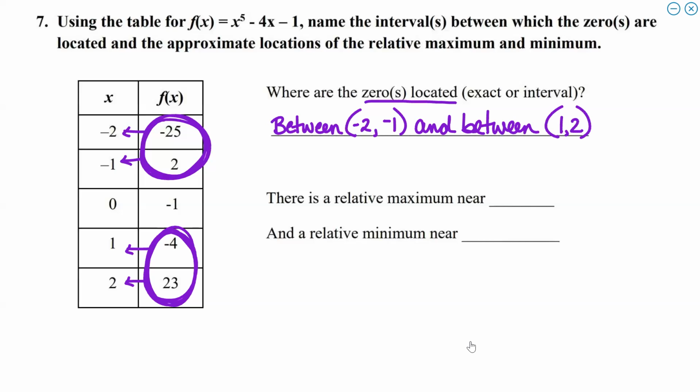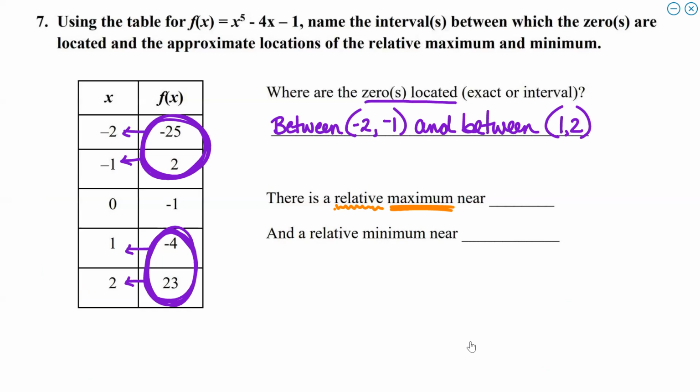Maximums. What's a maximum? The highest point. So what's a relative maximum? A relative maximum is any kind of bump, right? It's going to be like a hilltop. Yes, ma'am. In between 2 and -1. So like in between these guys? Oh.